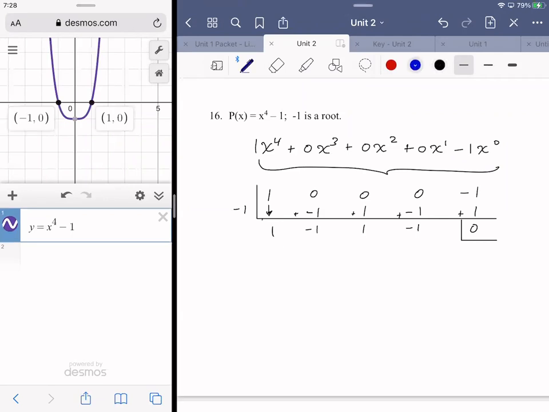So I can jump down another level here using a +1, bring down the 1, multiply, add, multiply, add, multiply, add. And what I'll be left with, if we just jump down 2 levels from that 4, is an x squared, x to the 1st, x to the 0th with our 0 remainder.